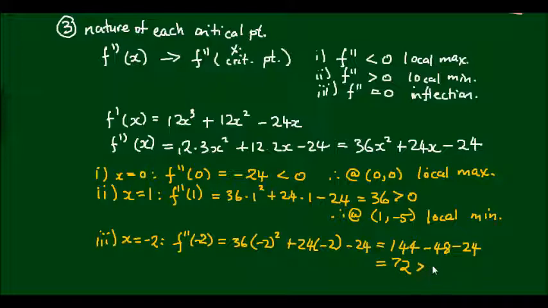And that is also greater than 0, so therefore at the critical point of negative 2, negative 32, we have a local minimum.